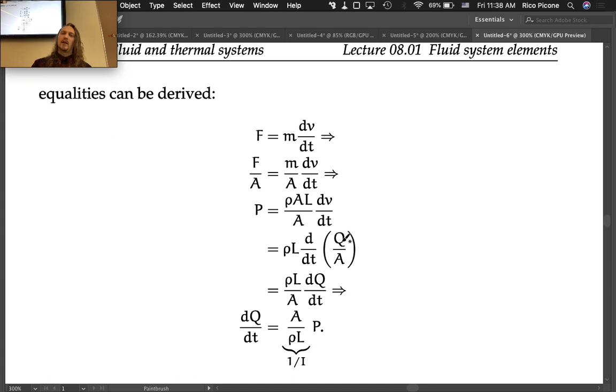And we can also change the velocity. The velocity is also per area: it's Q over A. So the volumetric flow rate divided by the area gets us from meters cubed per second in SI units down to meters per second. And so you can pull that A out: rho L over A, dQ dt.